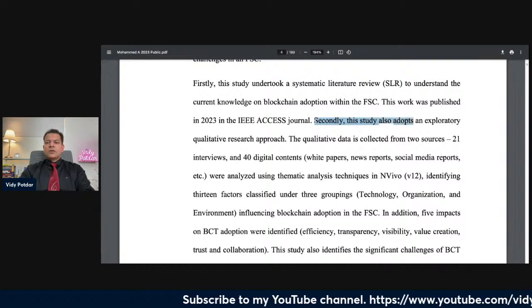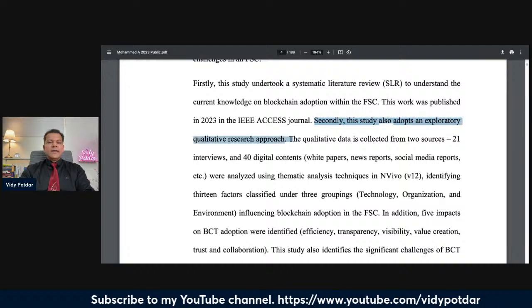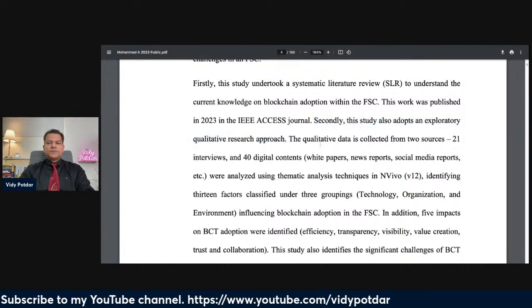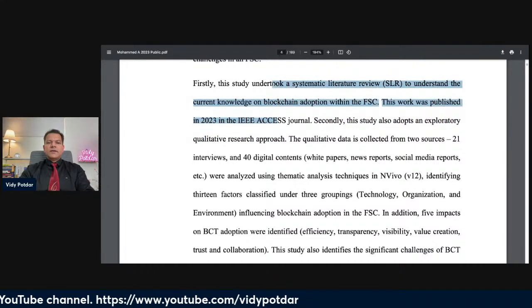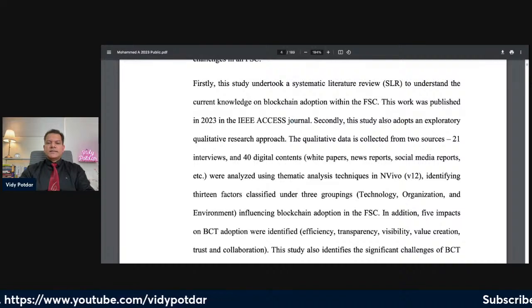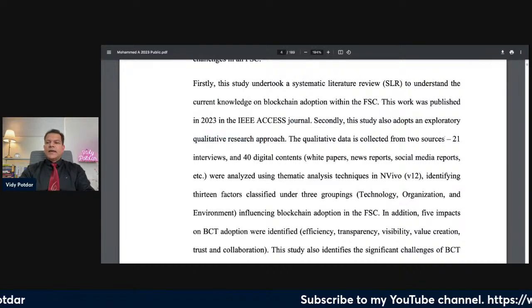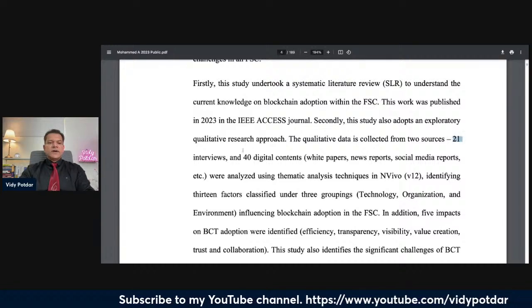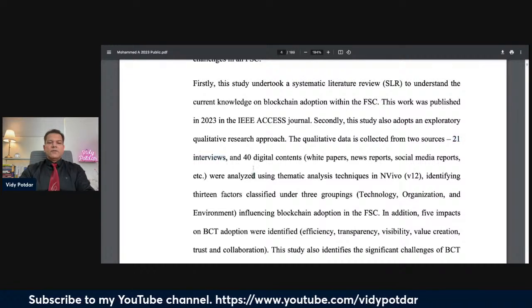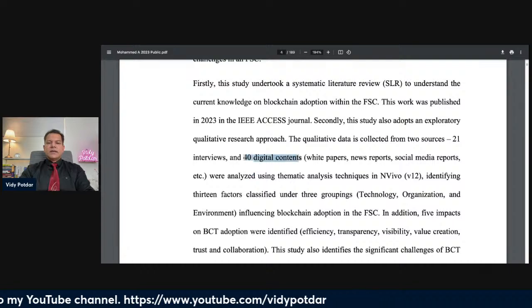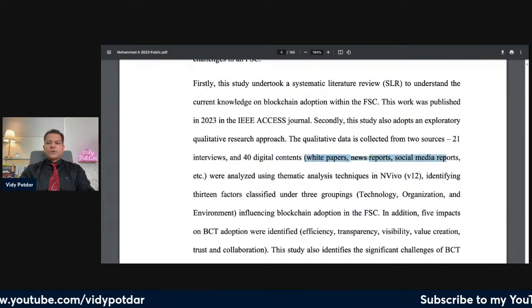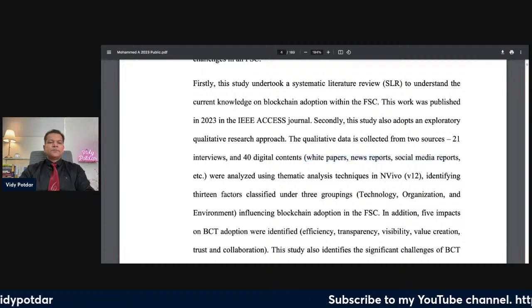Secondly, this study also adopts an exploratory qualitative research approach. So the systematic literature review was one methodology in this thesis. The next is qualitative research. And the qualitative research was done using two sources. Firstly, there were 21 interviews, and then there was a content analysis done using 40 documents, which were white papers, news reports, and social media reports.